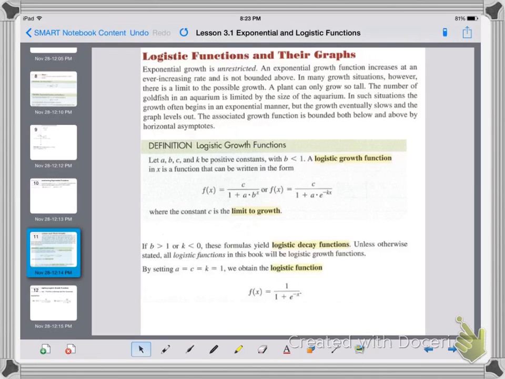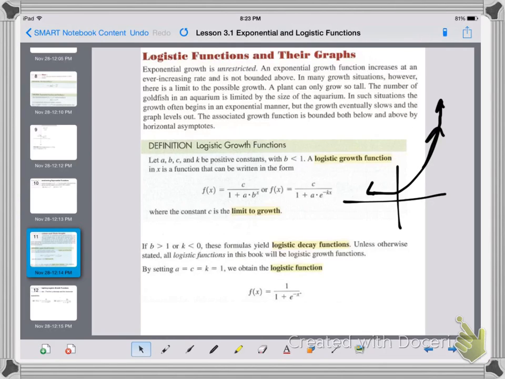Okay, finally we're going to talk about now the logistic functions and their graphs. So exponential growth is unrestricted. What that means is that the graph of an exponential function was unrestricted. So it got bigger very, very quickly and continued to get bigger all the way into essentially infinity.